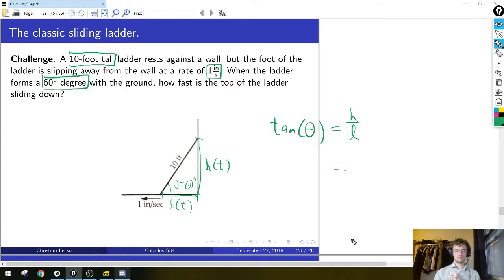So this is going to be h dot L minus h L dot, all over, attempting to remember, L squared, no, just L. Okay, thank you. Right side looks good.